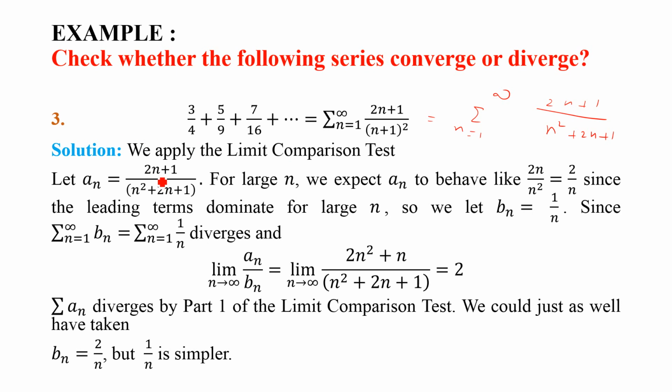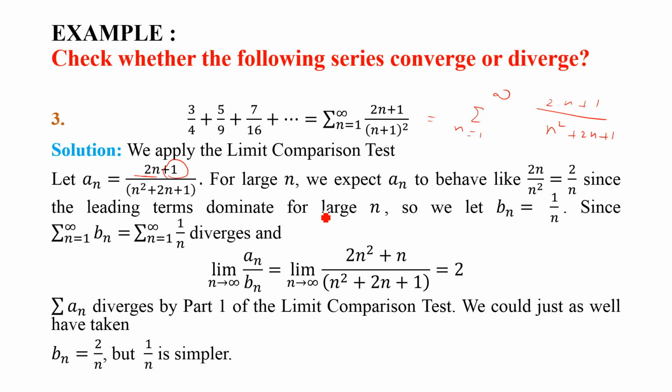When n gets larger, this 1 doesn't make much difference in 2n plus 1. So this is quite similar to 2n, and in the denominator, n squared is the more dominant term.